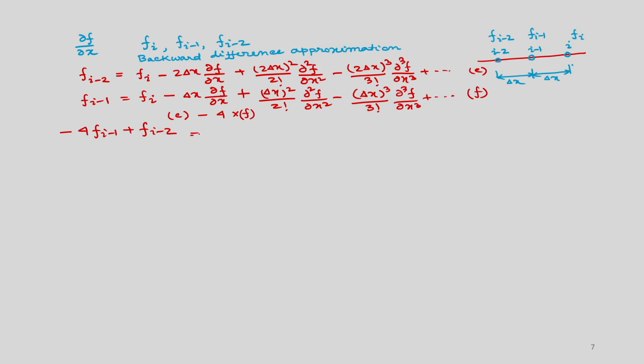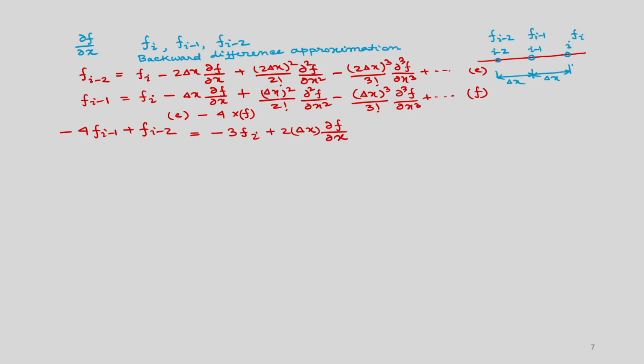So, what you can write: f i minus 2 minus 4 f i minus 1. So, if you multiply this F with 4, you will get minus 3 f i. Okay. Then you will get here 4 and 4, so you will get 2. So, you will get plus 2 delta x del f by del x.